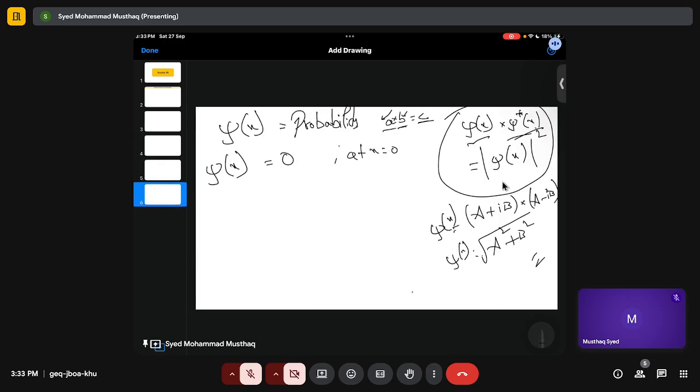Psi of x is 0 at x equals 0. So C cos k of 0 plus D sin k of 0. So this guy goes to 0 and this guy goes to 1. So C equals 0. Then what is my wave function?